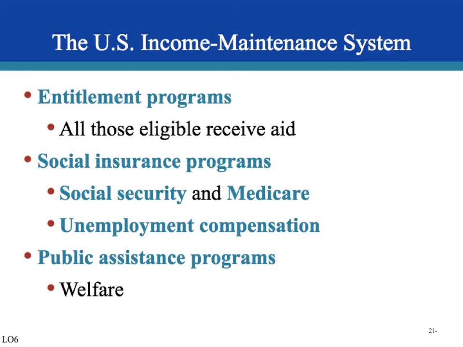And then some public assistance programs, this is welfare, and this program provides income to households that have dependent children, and either the income of the household is low or there is no income coming to that household, or the head of the household is disabled.